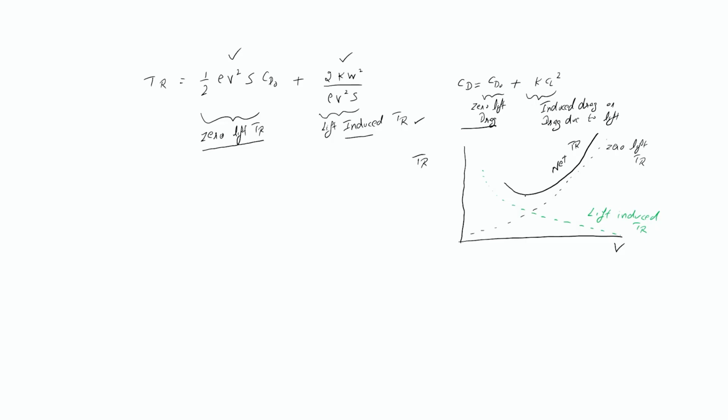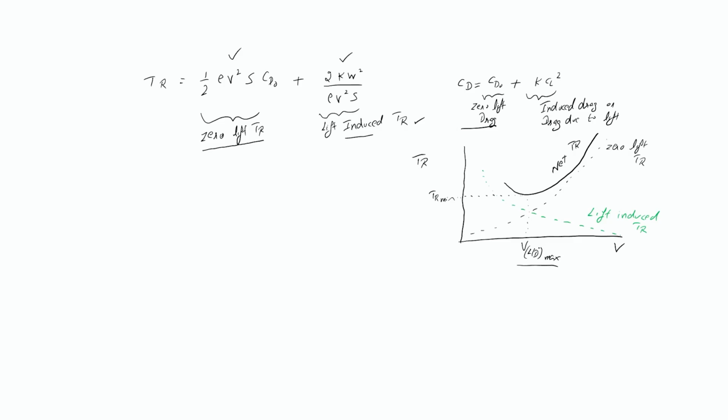Now this is the point at which the thrust required is minimum. Alright, and this is the velocity at which we have thrust required is minimum, or L by D is maximum. Remember, velocity at which thrust required is minimum, or velocity at which L by D is maximum.